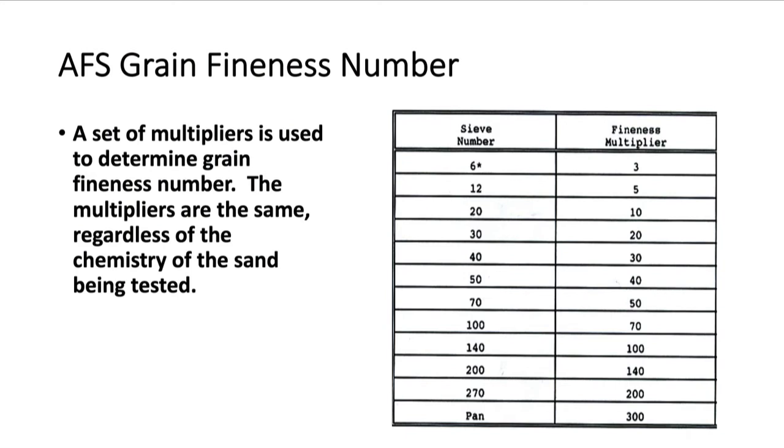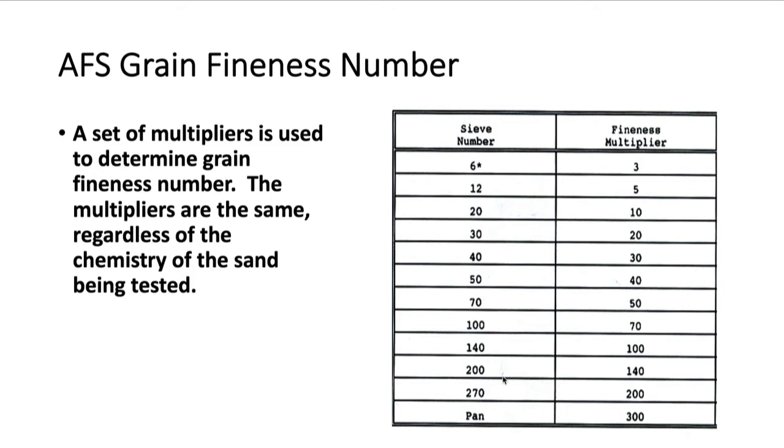Okay, so how did this calculation work? And this is in your book. You should be following along in your book here. But you have a sieve number, which I told you is the number of openings per square inch, and then you have a multiplier for each one of these. So it's kind of like a weighted average, okay? And the number is not exactly equal to the sieve number. So it's kind of a plug and chug.